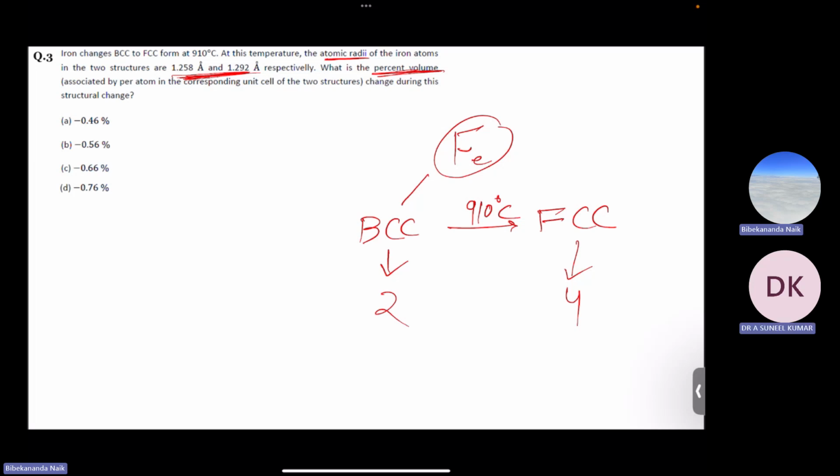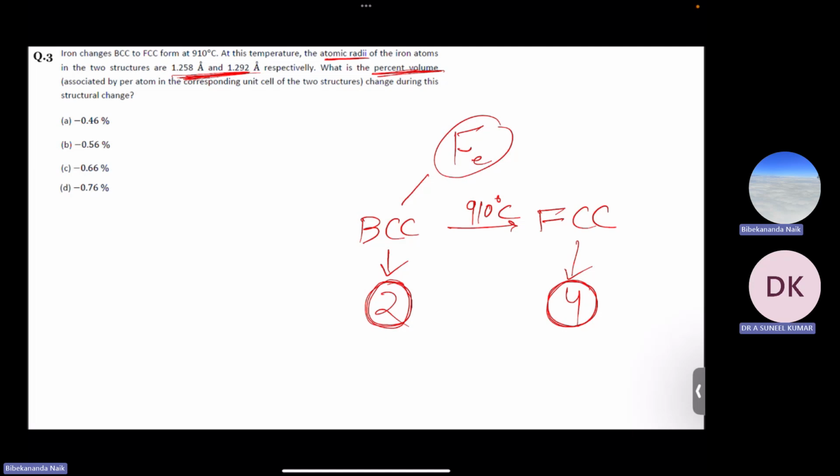You see here we need to calculate the change in volume per atom. In body center cubic, as I already told, there are two atoms per unit cell, but in face center cubic there are four atoms per unit cell.